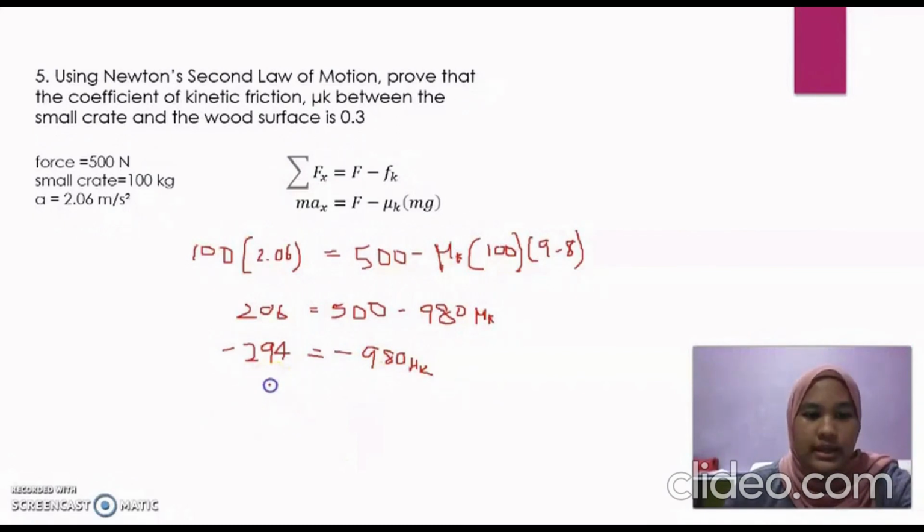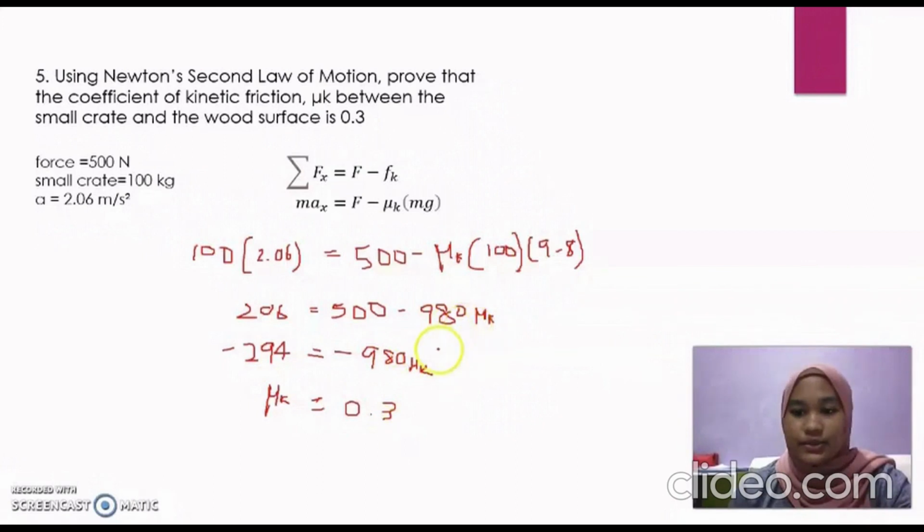So the kinetic friction equals 0.3. So this question needs us to find how we get the kinetic friction equals 0.3. So here is the solution. We have kinetic friction equals 0.3. That's all from me. Thank you.